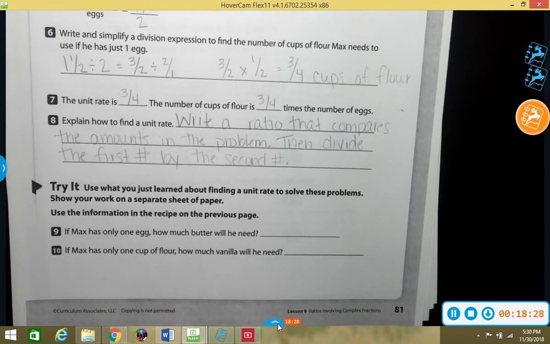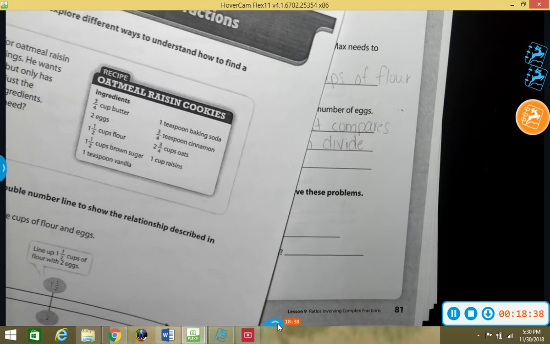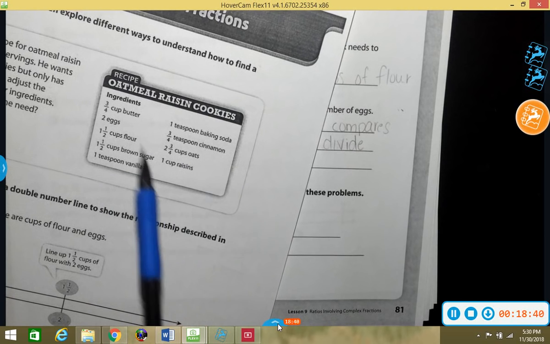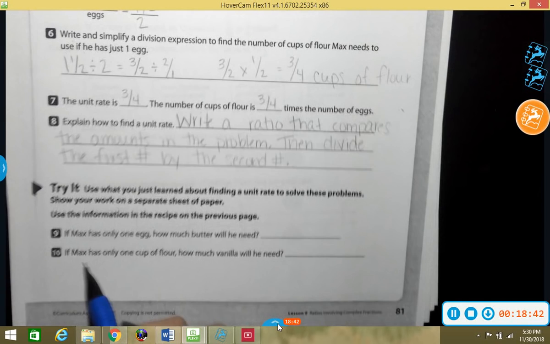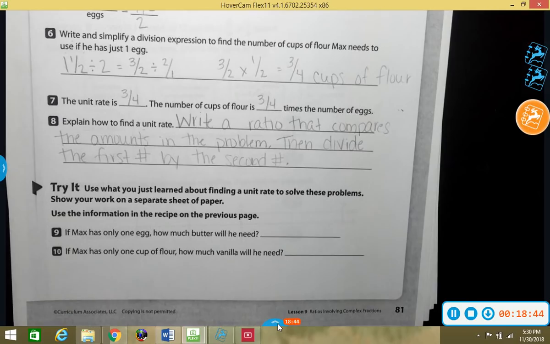Alright, then it gives us some problems down here. It says use the information in the recipe on the previous page. So on page 80, you're going to look back at it. It's this right here. And if Max has only 1 egg, how much butter will he need?